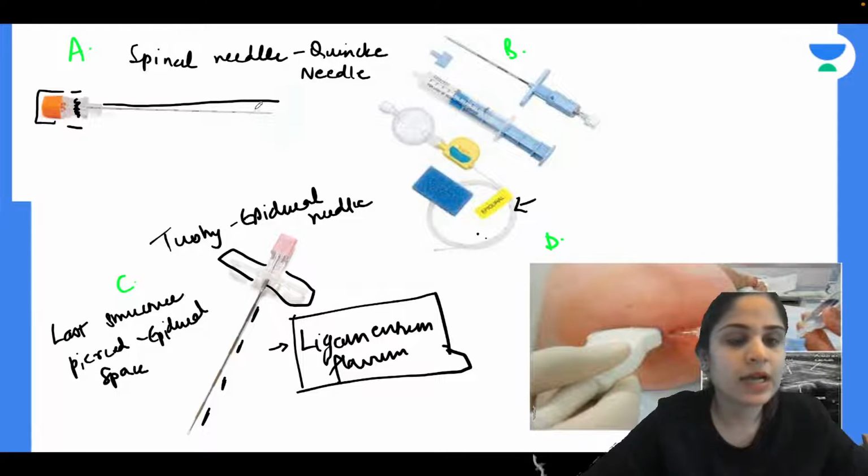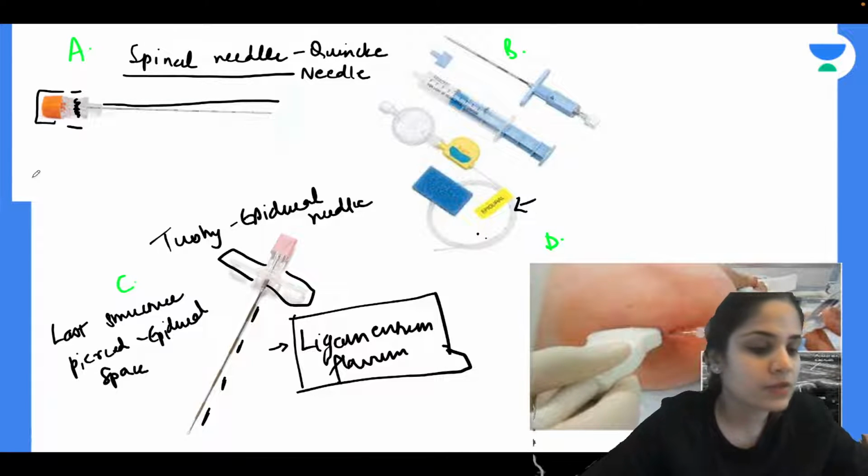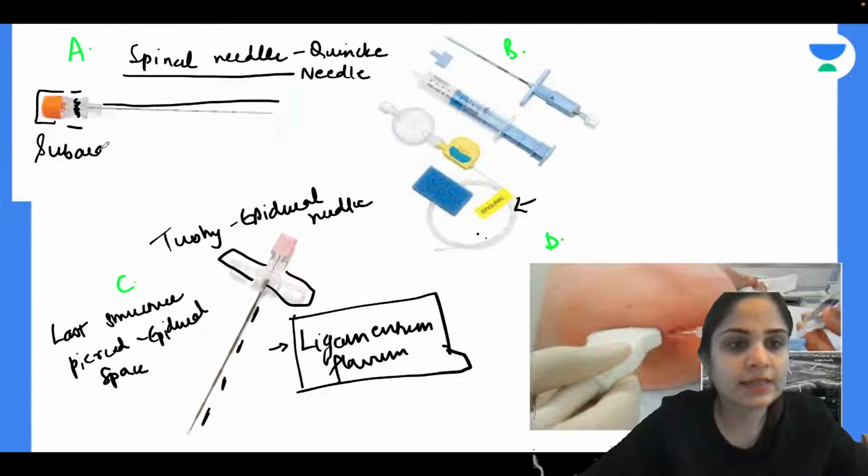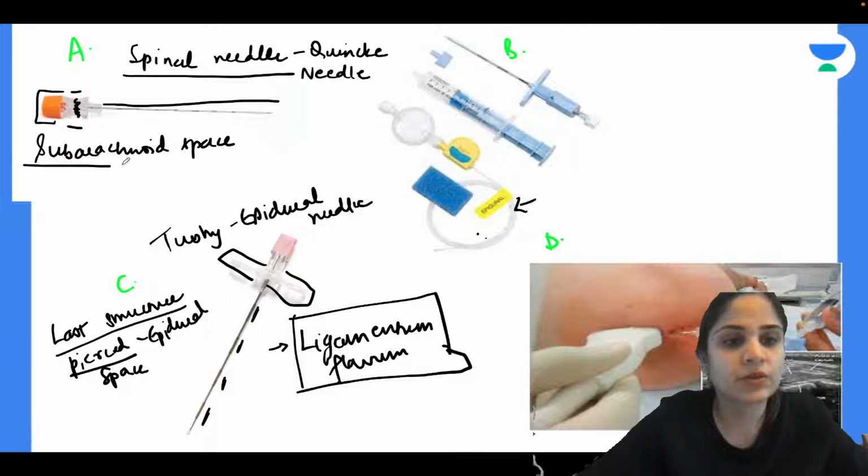Now they will ask you in which space do you give spinal anesthesia. So very good, Neeraj has answered it correctly. You give spinal anesthesia in subarachnoid space. If we ask you the same question, what is the last structure to be pierced before you reach the subarachnoid space? Can you tell me what would be the answer for that?